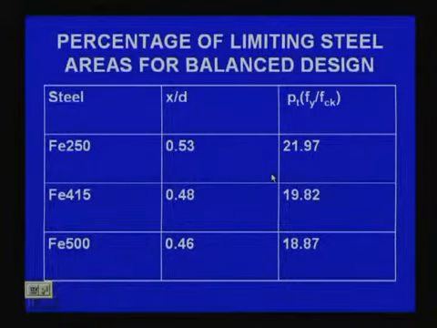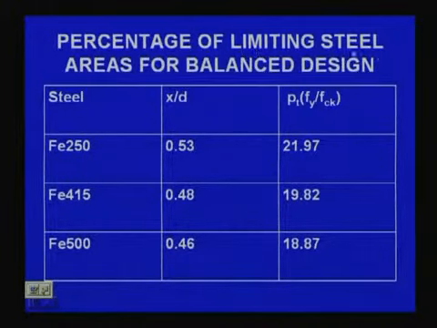Just to conclude this session, we shall say that the percentage of limiting steel for balanced design we can find out; the derivation and other things I shall give you at a later stage. We can find out for different steel the Xu by D or X by D, whatever you say, and the percentage of steel.